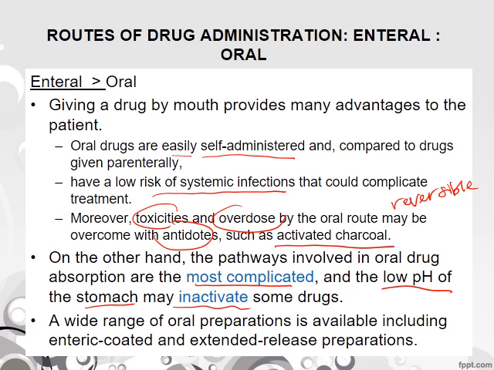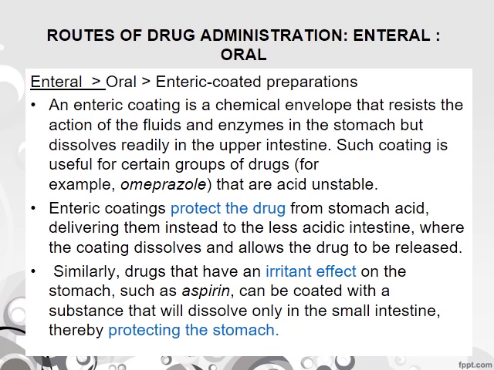A wide range of oral preparations is available, including enteric coated and extended release preparations. Talking about enteric coated preparations, enteric coating is a chemical envelope. Let's say you have drugs and you put an envelope on them to resist the action of the fluid and enzymes in the gastric.